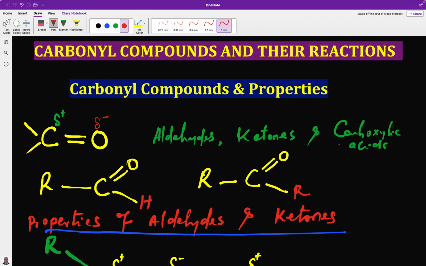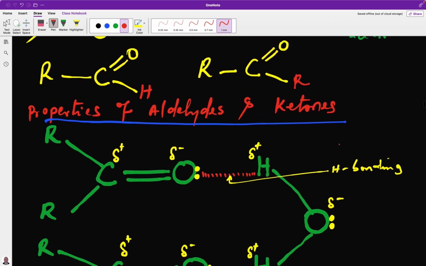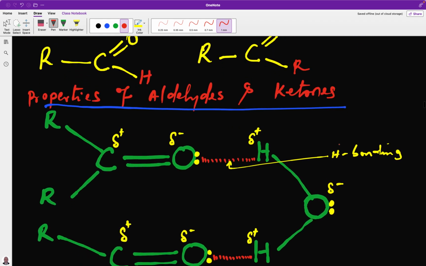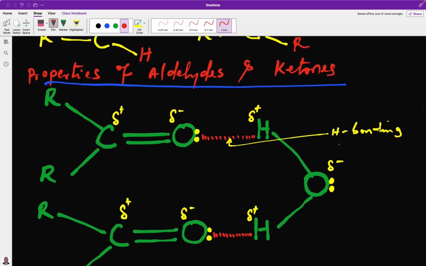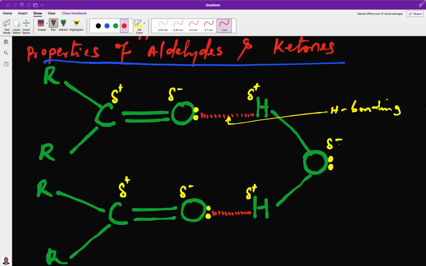In a carbonyl functional group, the carbon is double bonded to the oxygen atom. And we went further to look at the properties of aldehydes and ketones as some compounds of the carbonyl group. I told you that the carbon-oxygen bond is really polar.